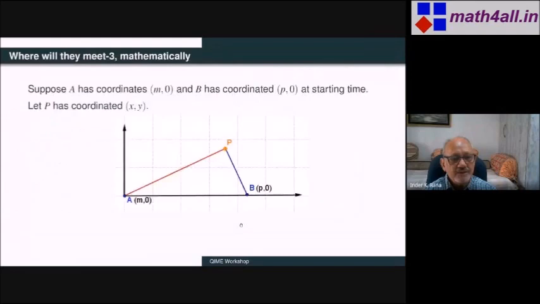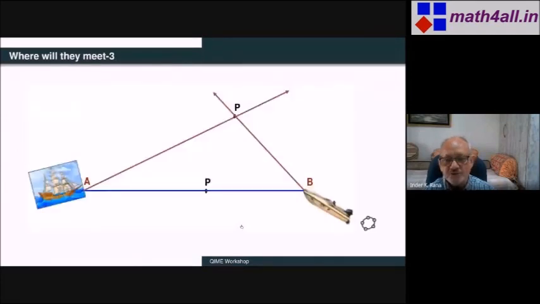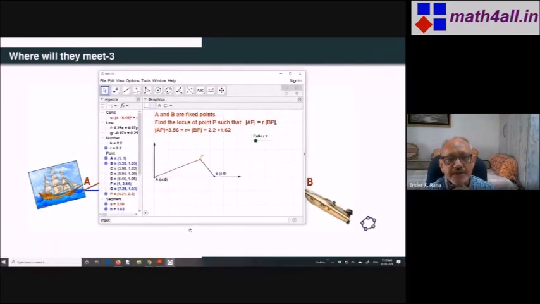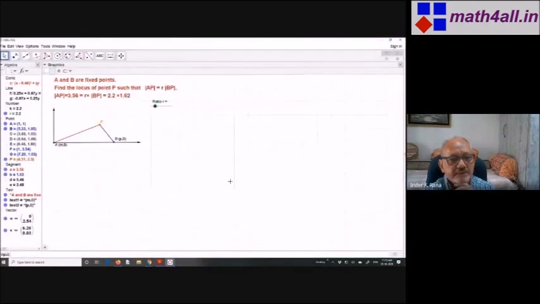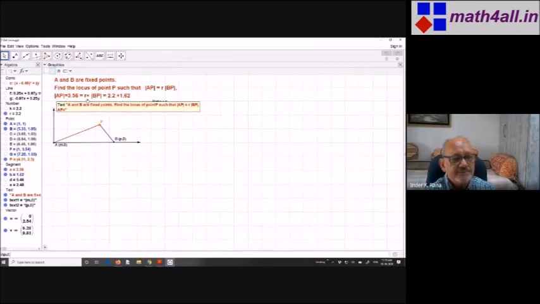So let me go back and show you a GeoGebra version of the same, finding this locus. PA by PB is equal to R. So what I'm going to do is animate the point P to see where the possibilities are, given that AP is equal to R times this thing, where the ratio R is 2.2.